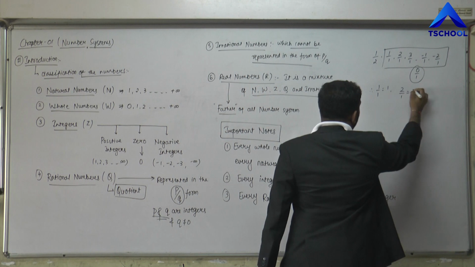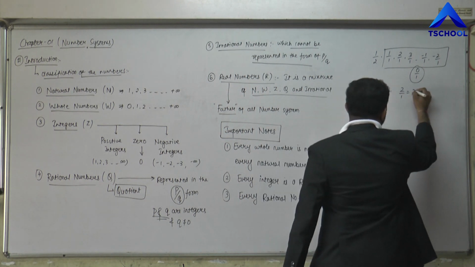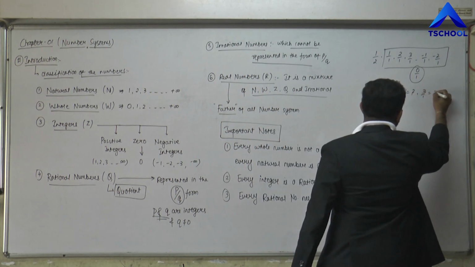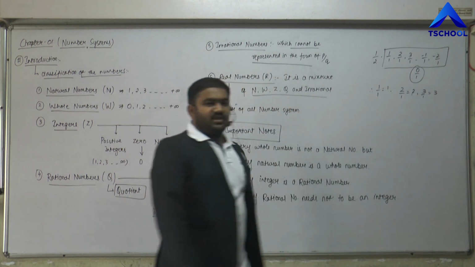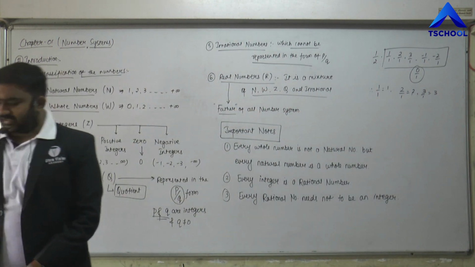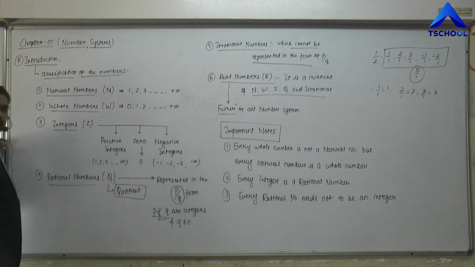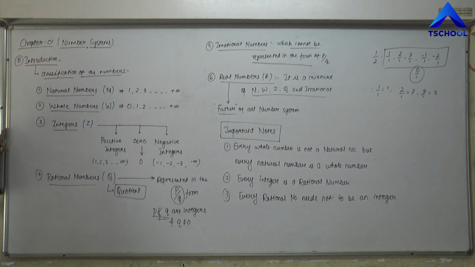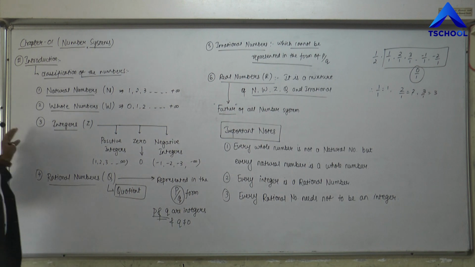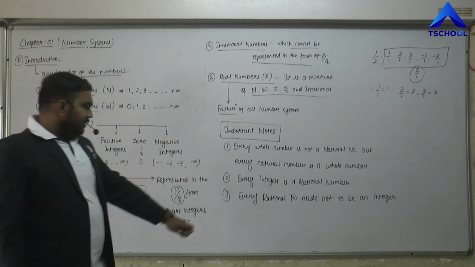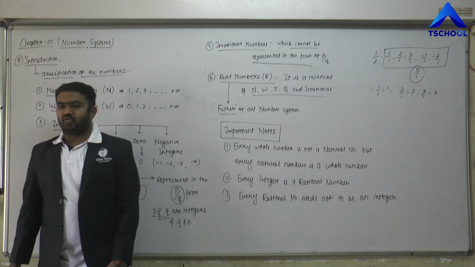If I write 2 upon 1, that becomes 2. If I write 3 upon 1, that becomes 3. That means when the q part of a rational number becomes 1, at that time that rational number becomes an integer, right? So every rational number needs not to be an integer.